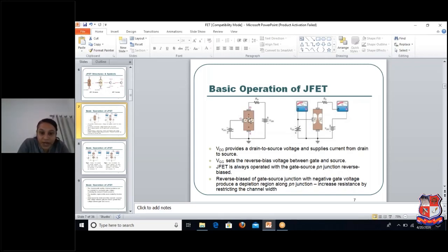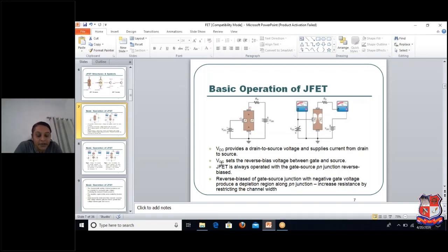Electrons have negative charge, so electrons will transfer from this direction through the resistance to the positive terminal, because they are attracted to the battery positive terminal. Okay, understand the first concept?